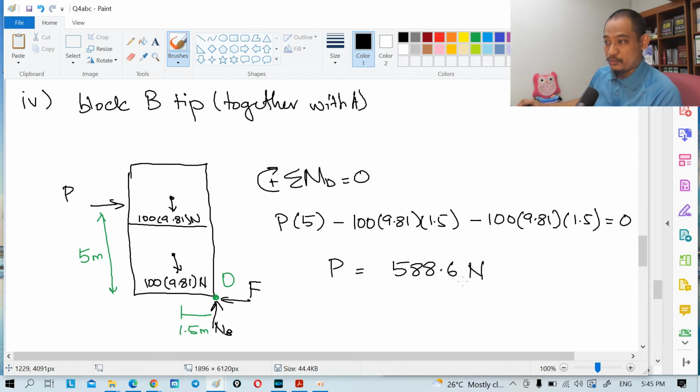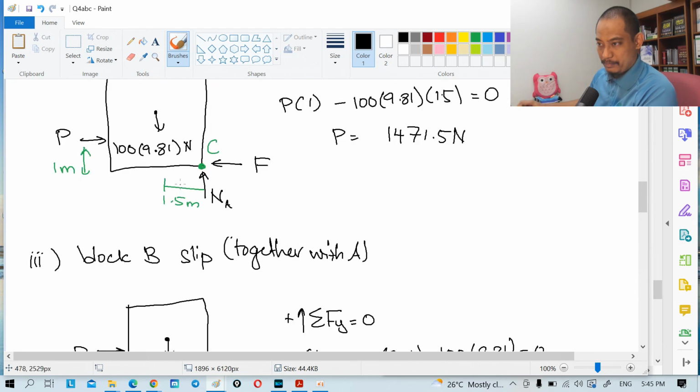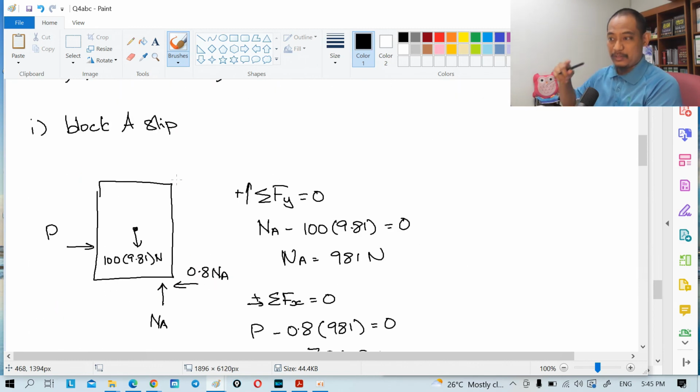Okay, so we have computed all 4 possibilities. But as you increase the force P, one of these will be reached first, and then that will happen.